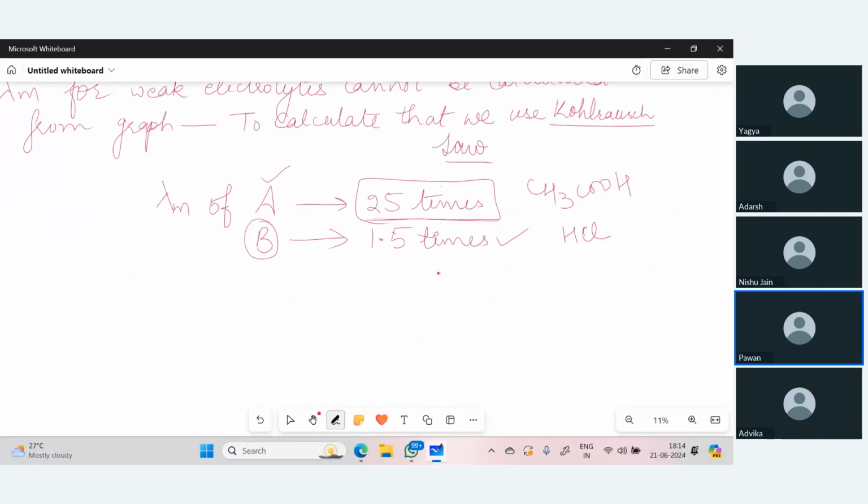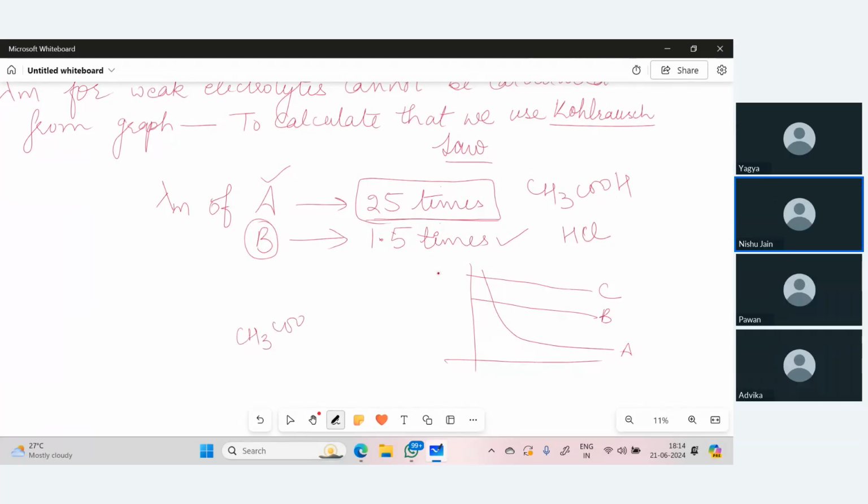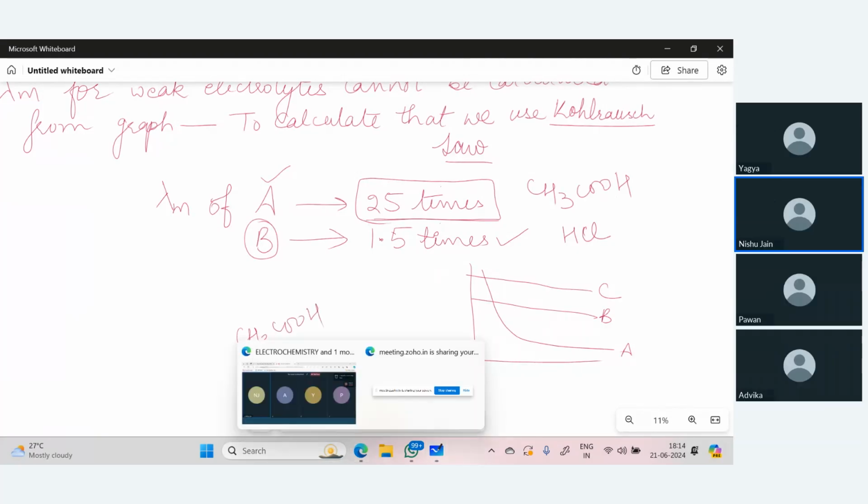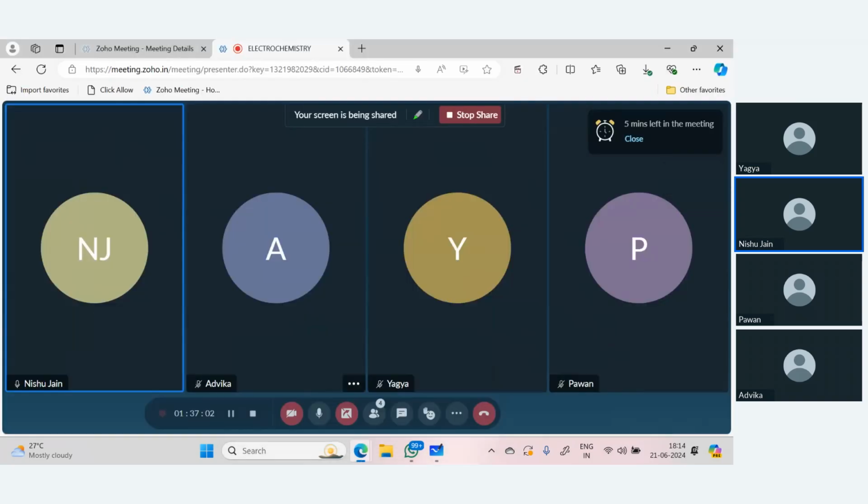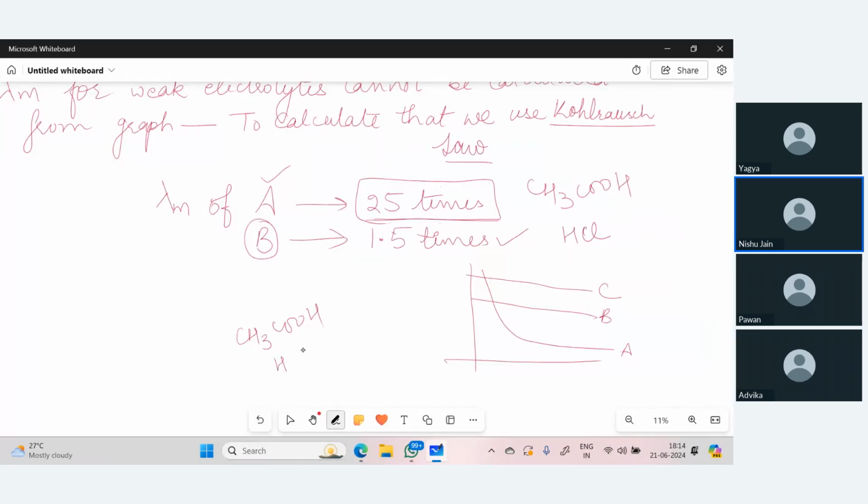Okay, now I will give you another one. Plotting this graph, this line is A, this line is B, this is C. Out of A, B, C, one is acetic acid, another is HCl, third is NaCl.